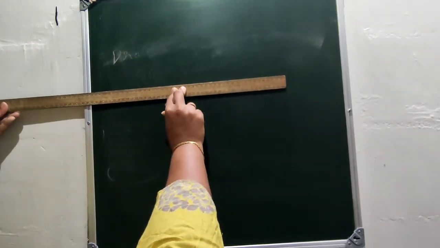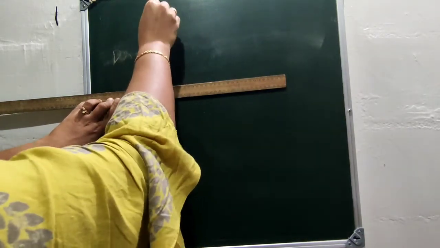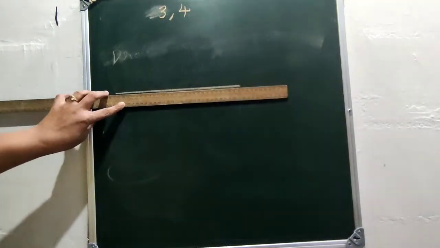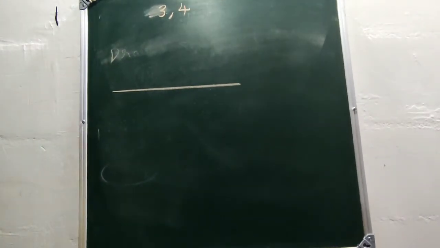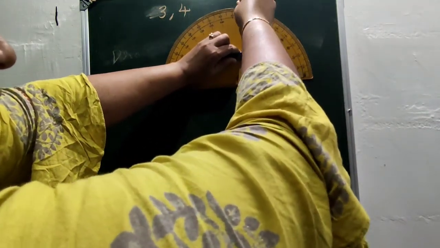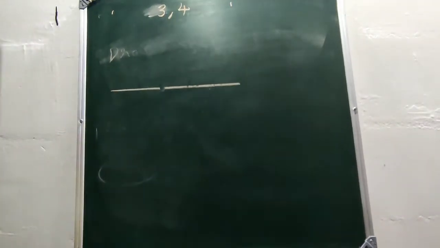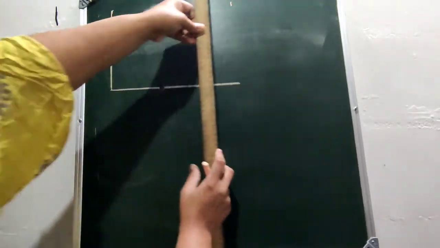Length is 4 and breadth is 3. Then, as we did earlier, mark a 90-degree angle on both the ends and draw those two 90-degree lines like this.